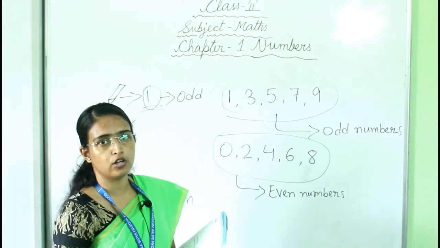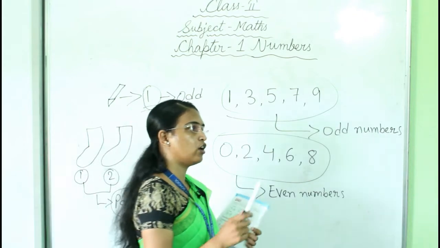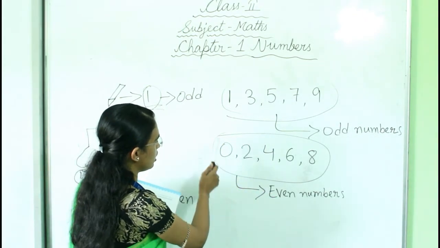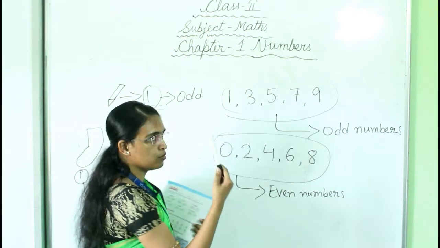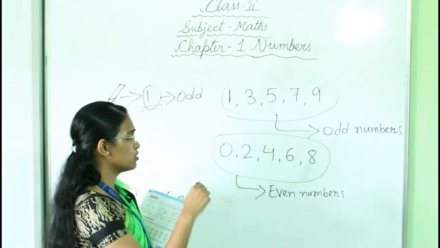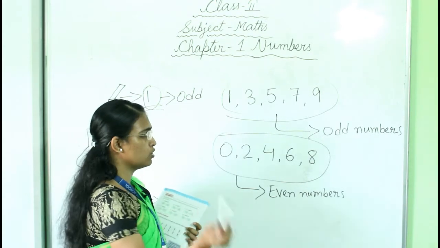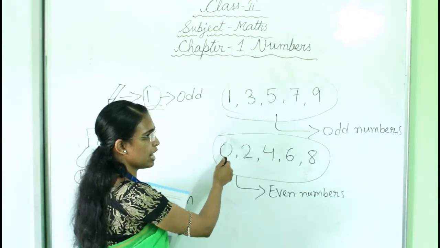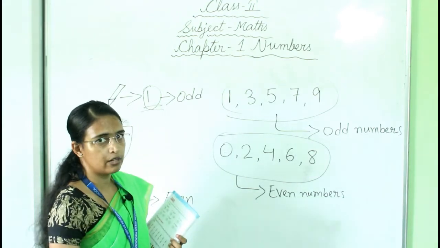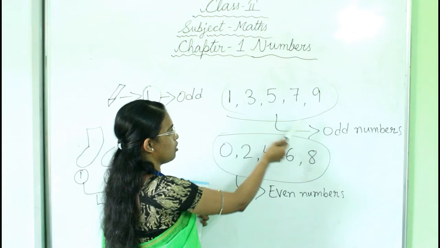One thing you should always remember: every even number is followed by an odd number and every odd number is followed by an even number. Like this, 0 is an even number. After 0, what will come? 1. 1 is an odd number.